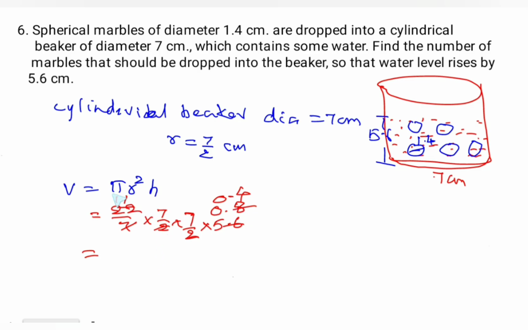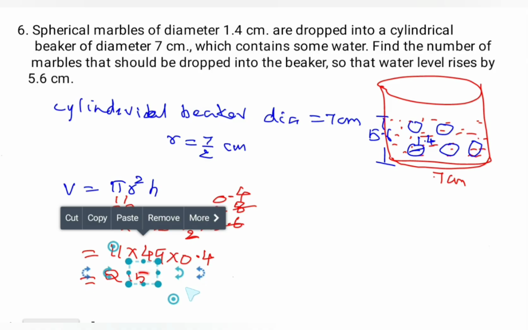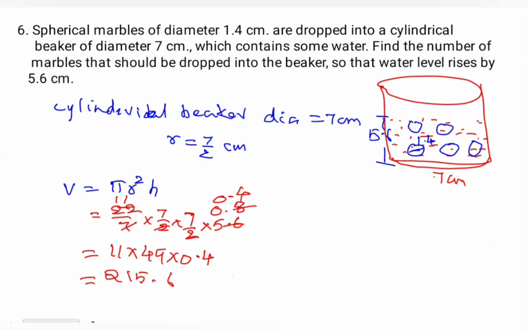So now 11 into 7 into 7 into 0.4, 7 7s are 49 into 0.4, this equal to 215.6 centimeter cube.